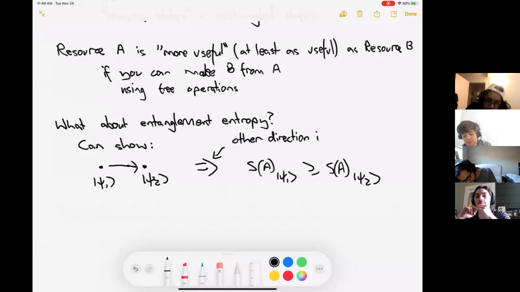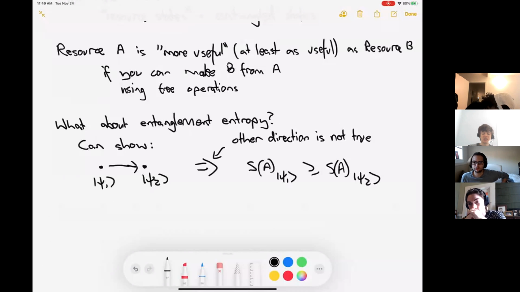Okay, in particular, for any pair of states, we either have S_A of psi1 greater than or equal to S_A of psi2, or we have the other way around, or we have both being true, right, if the two things are equal. Whereas we do have states psi1 and psi2 where there's just no arrow going between them, no way to get between them using LOCC.